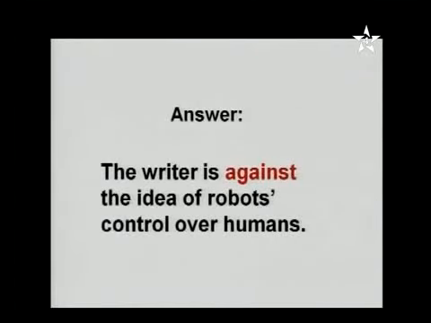Okay, the answer is the writer is against the idea of robots' control over humans. So as you can see, task number 4, we had to infer the writer's attitude towards robots by reading a statement in which he says it's quite disconcerting that one day robots might control human beings. So we found out that the writer is against the idea of robots' control over humans.